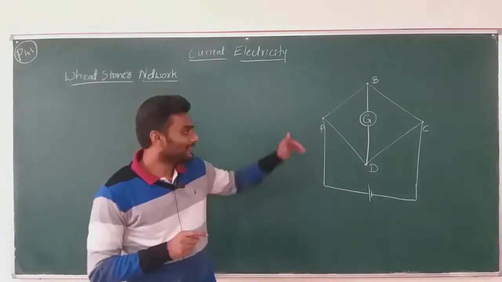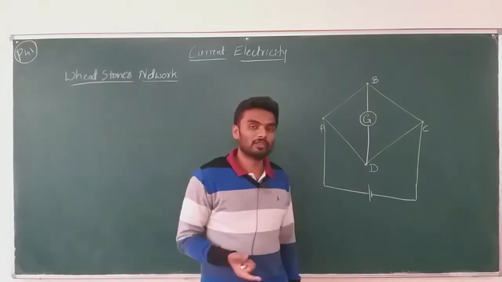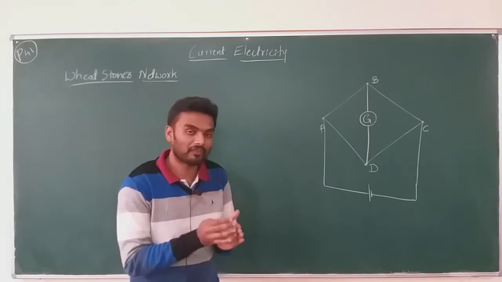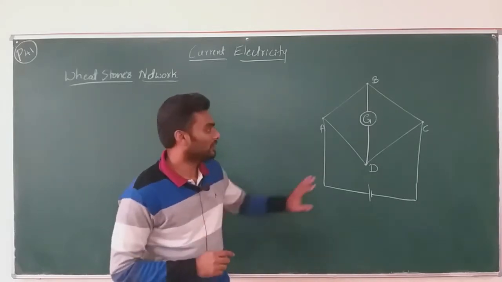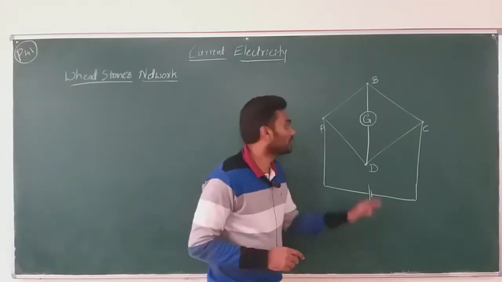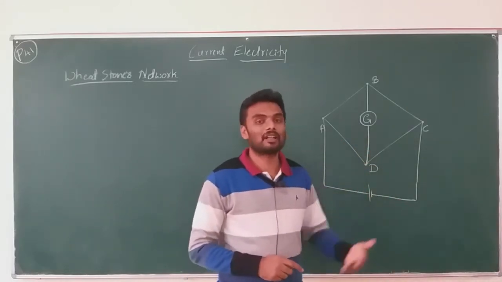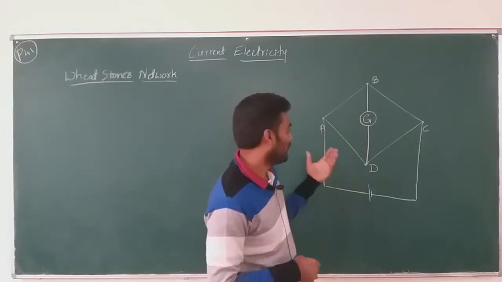If there is current flowing through the galvanometer, it deflects. If there is no current flowing through the galvanometer, it doesn't deflect. It's just a device to show the presence of electrical current. No need to worry about much of it, because we are going to discuss the galvanometer in detail in the coming chapter. Now, where are the resistors?